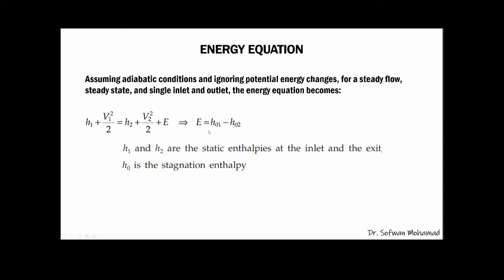Okay, E is the energy that is given by the difference in stagnation enthalpy. H1 and H2 are the static enthalpies at the inlet and at the outlet, and H0 is the stagnation enthalpy.